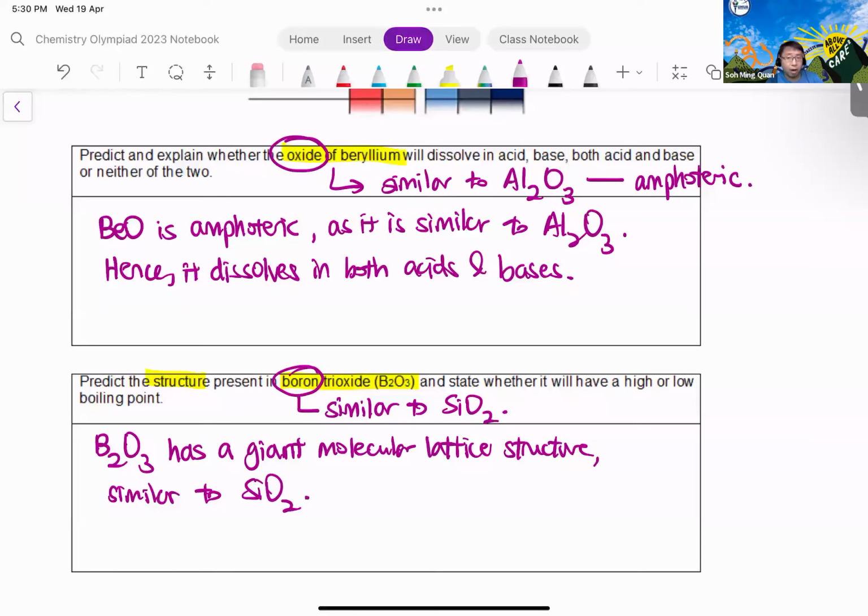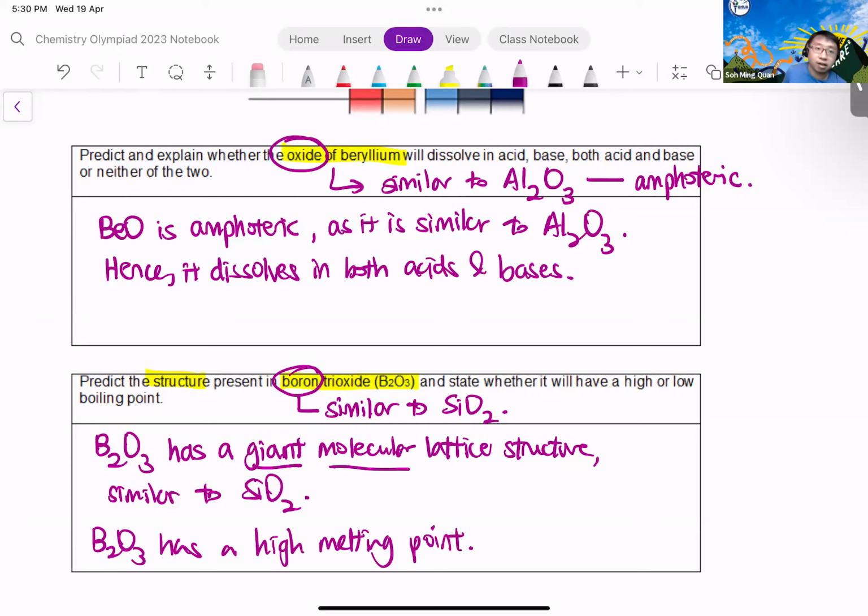Now, once you know that it's diagonal rule, it means that it's giant molecular, therefore B2O3 has a high melting point. So if you recall, our giant molecular, they all have high melting points like graphite, diamond, silicon dioxide, they all have high melting points because they're strong covalent bonds which require a lot of energy to overcome.